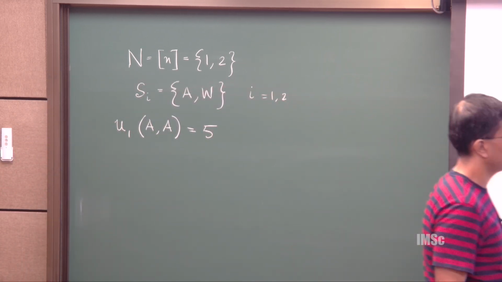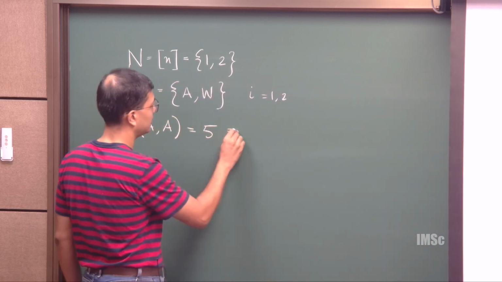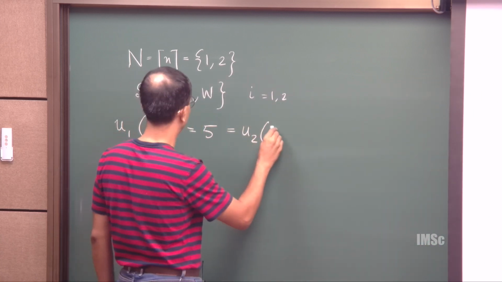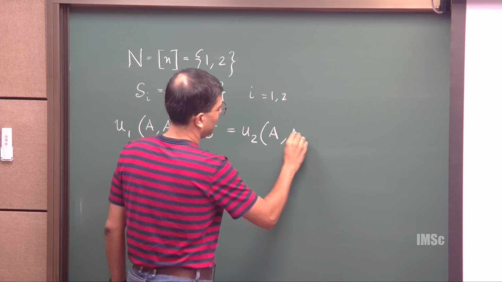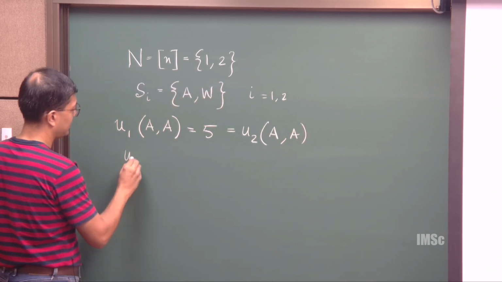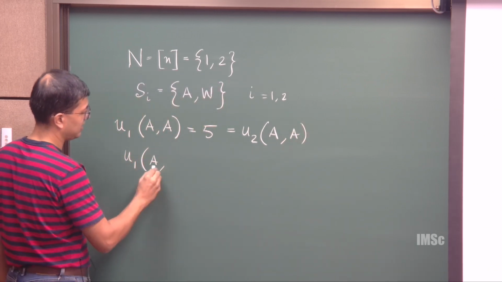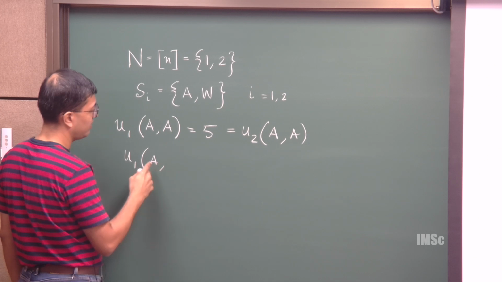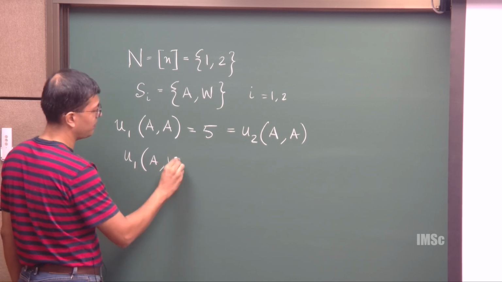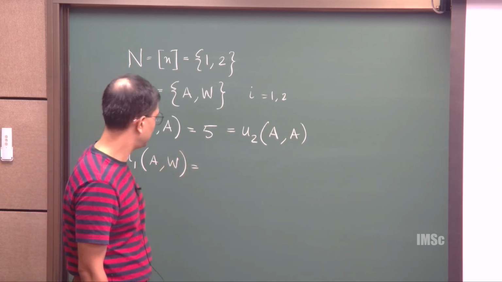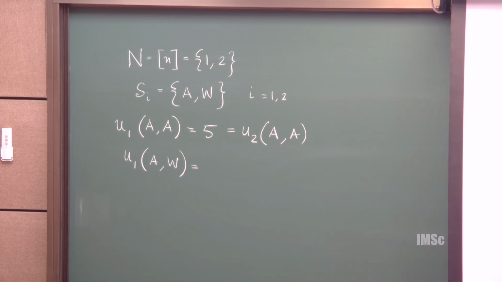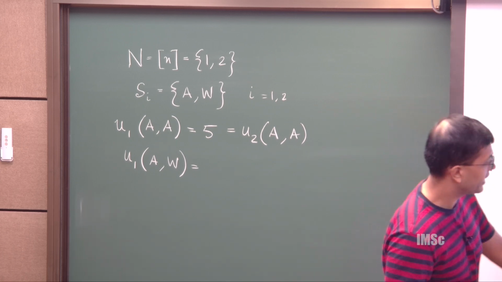In this case, this happens to be the utility for the second player as well, and you can fill it up. Utility of player 1 when player 1 chooses agriculture and the other player chooses war is this entry here, agriculture comma war.